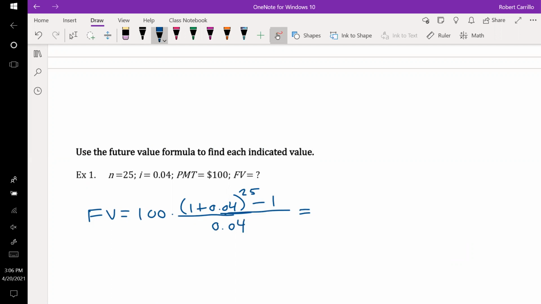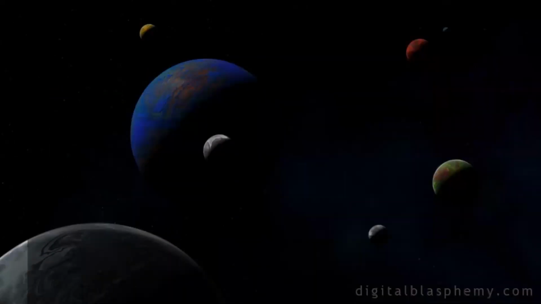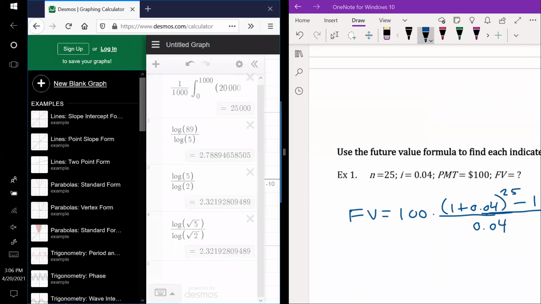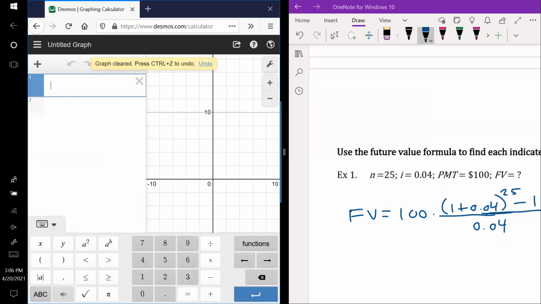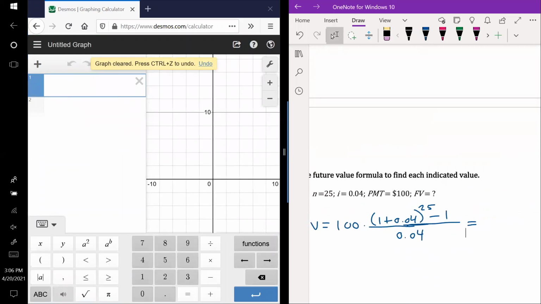Okay, now we plugged in all the components given the formula above, and now let's type this in a calculator. So of course, I'll use Desmos. Just give me a new one. There we go. For Desmos, I'm going to type it in just like I see it.